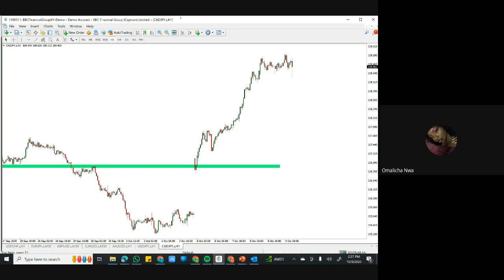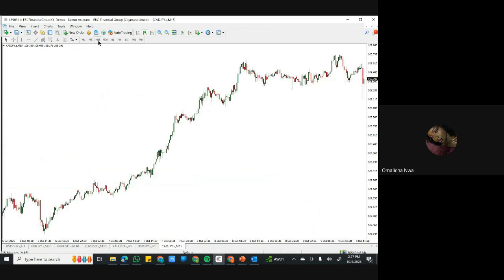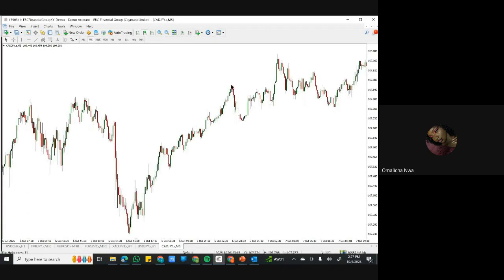But this market can break a lot of resistance and support on your 15 minutes time frame, your 30 minutes time frame, even on your 5 minutes time frame, but it will not show on your weekly and monthly time frame. Because as far as monthly and weekly is concerned, that resistance is a tough area.